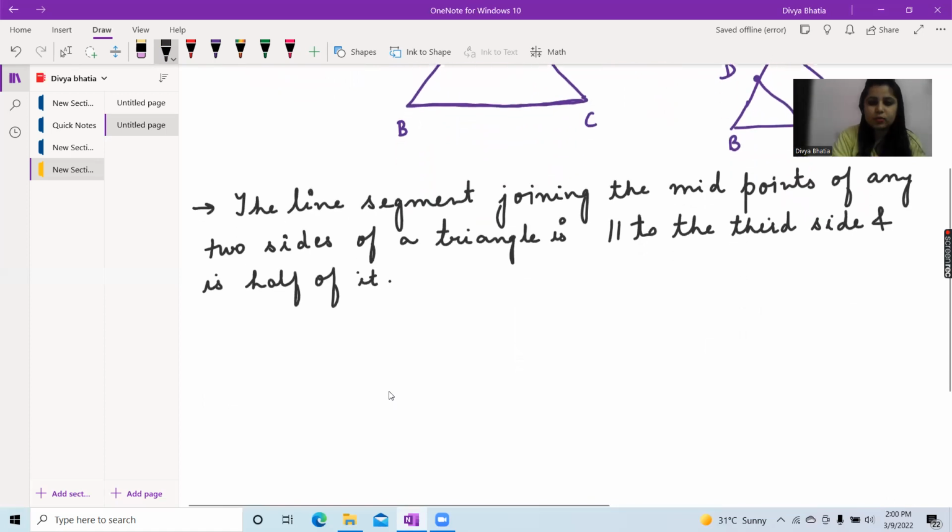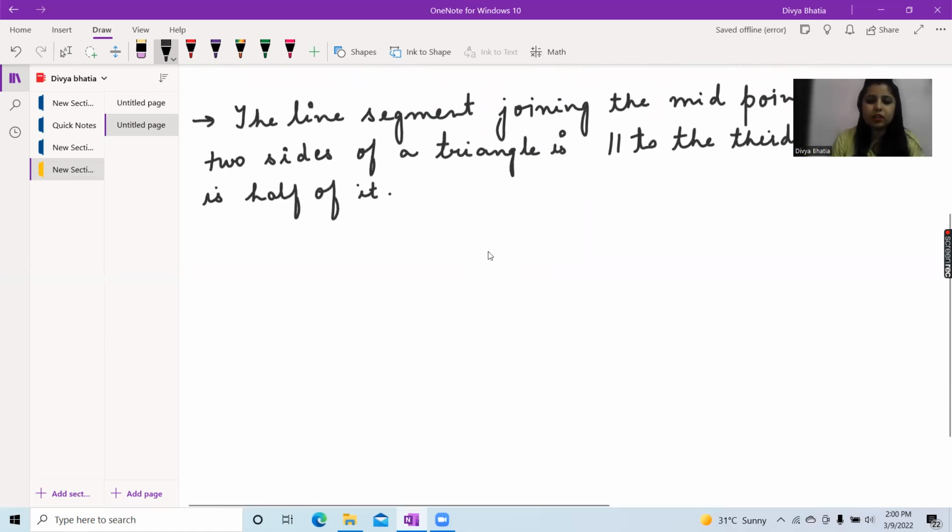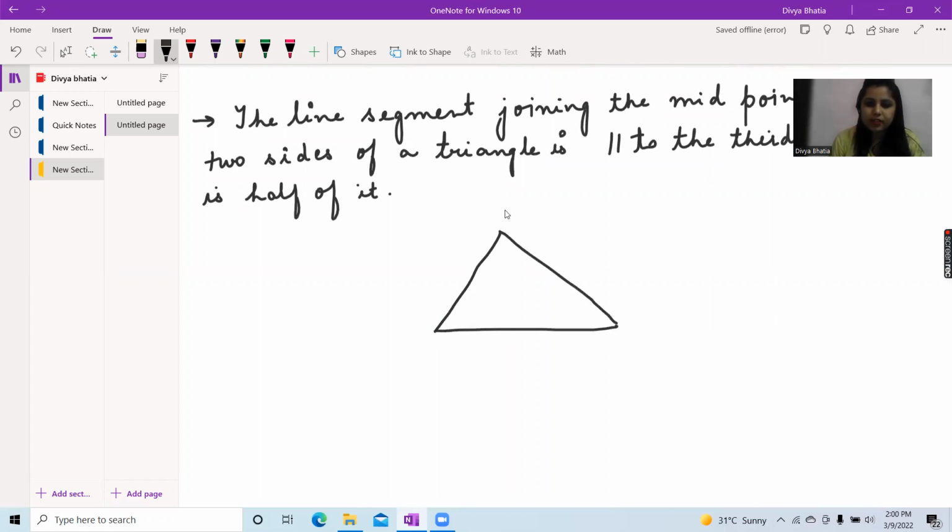So let us move on to the proof of this particular theorem. Let's consider a triangle ABC. Now, these two are the midpoints of the two sides, so D and E are the midpoints. When I say midpoint, that means this is a point which is exactly in the middle of this line.